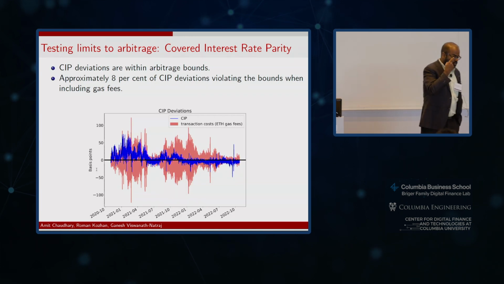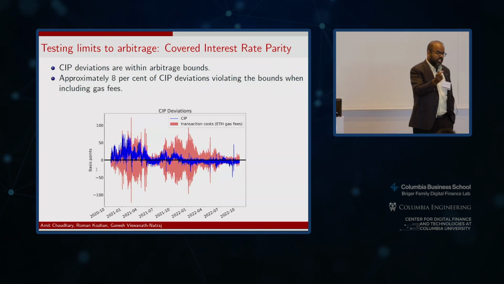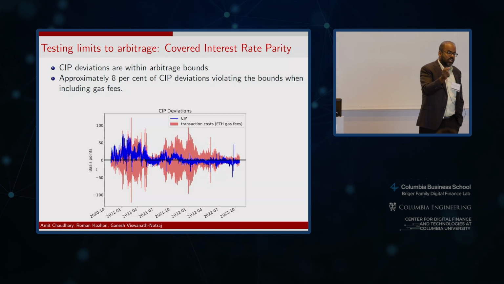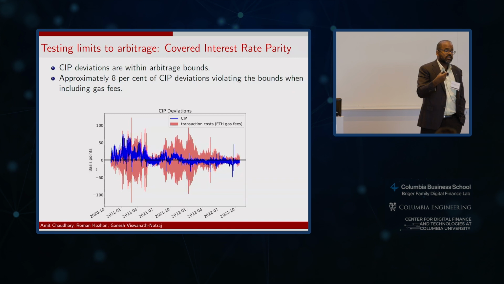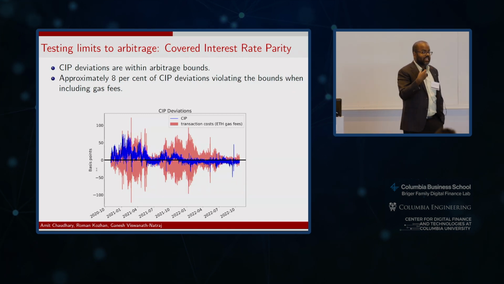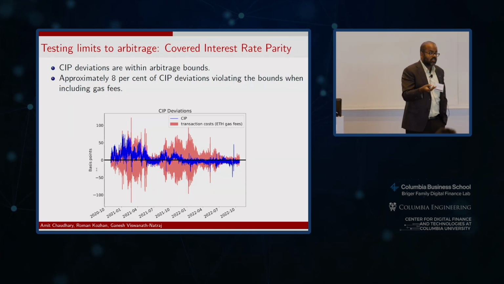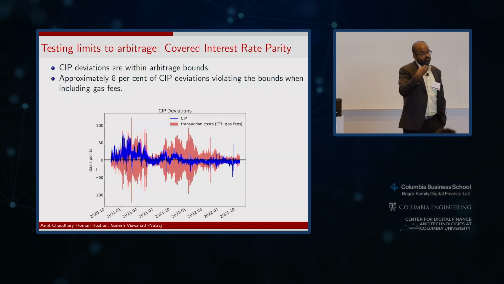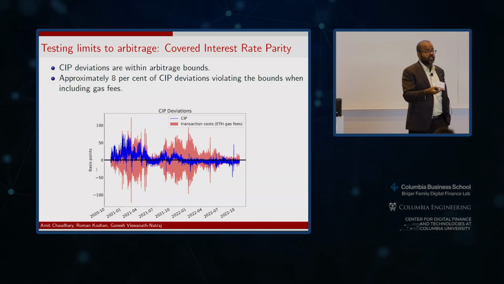You can think of these CIP deviations as essentially arbitrage opportunities, and these are typically small once you account for gas fees. So a lot of the inactive arbitrage trading happens because it's quite expensive to do so.